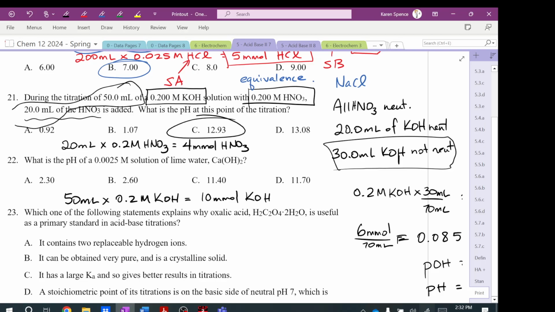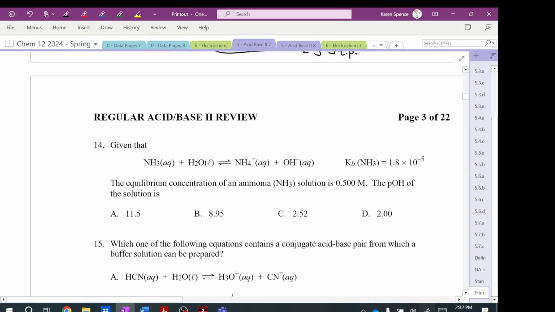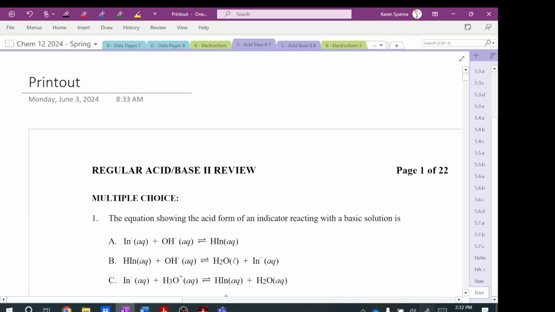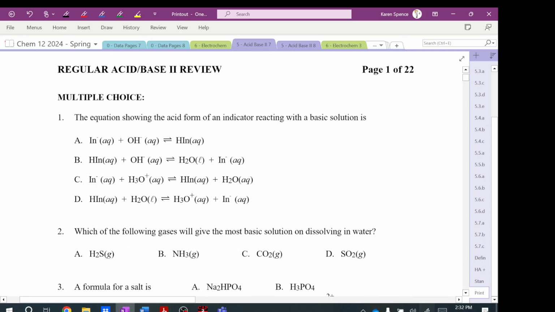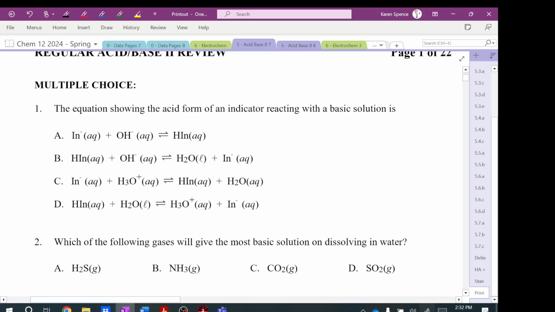Oh, the first one. Yes, thank you for reminding me. Okay, the acid form of an indicator. So do we want HIn or do we want In minus? Which is the acid form of an indicator?